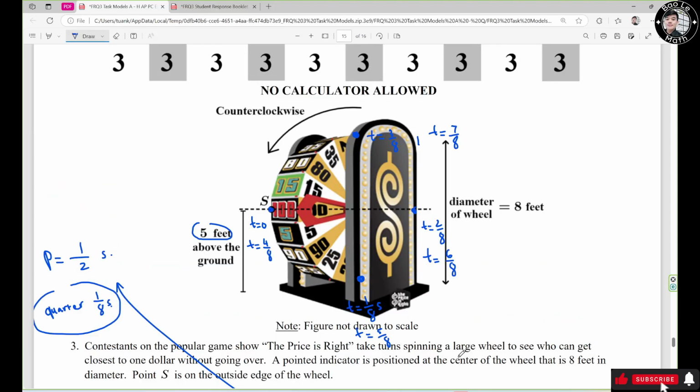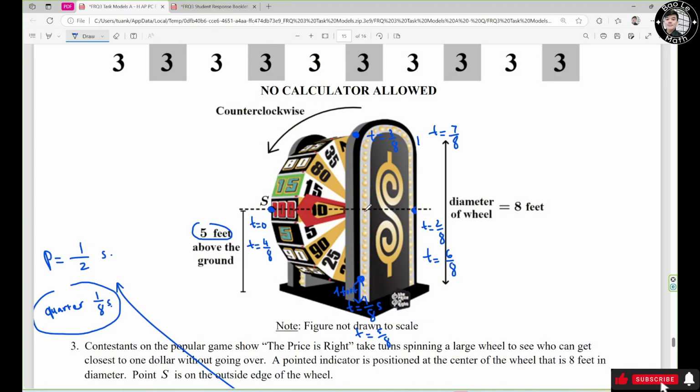This model is slightly different from the previous model about the height. The height from the midline to the bottom is 5 feet, which means the distance from the lowest point to the floor is 1 foot. So you need to be careful.